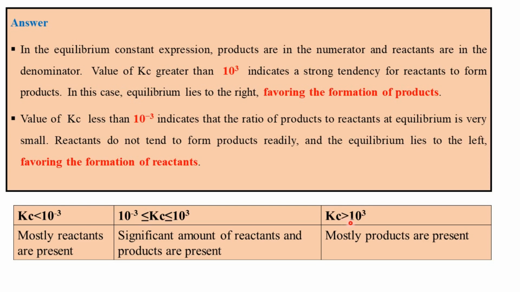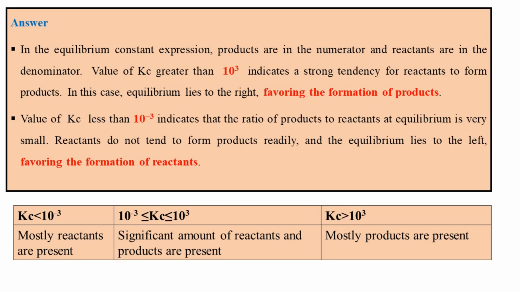But when you have a Kc value higher than 10^3, that means mostly product is present, and you have a very small amount of the reactant. That means here the reaction goes to completion, the reactant giving the product.